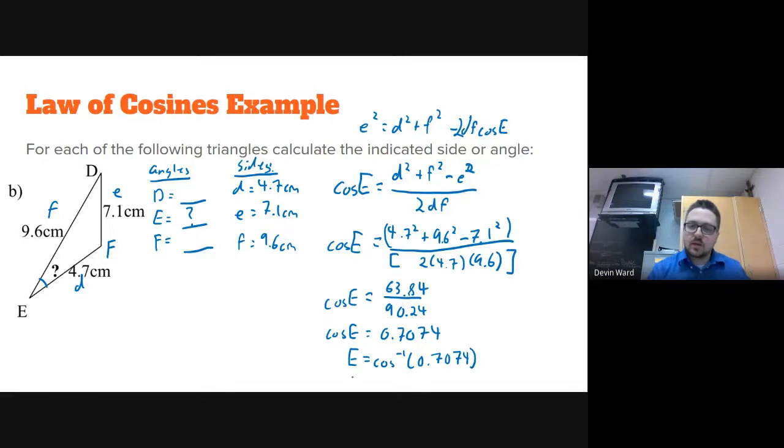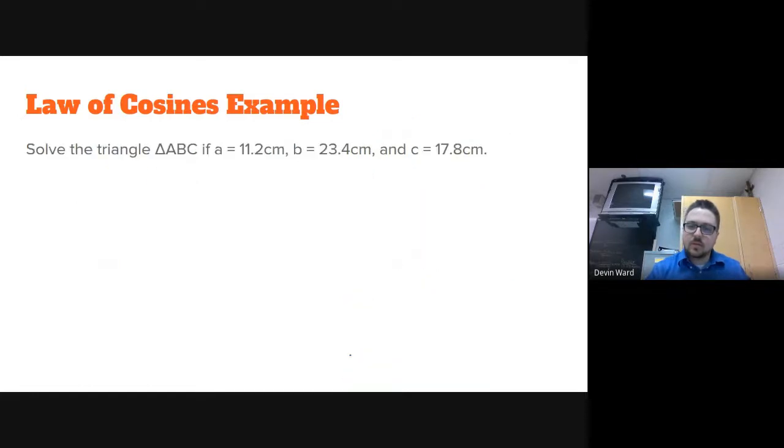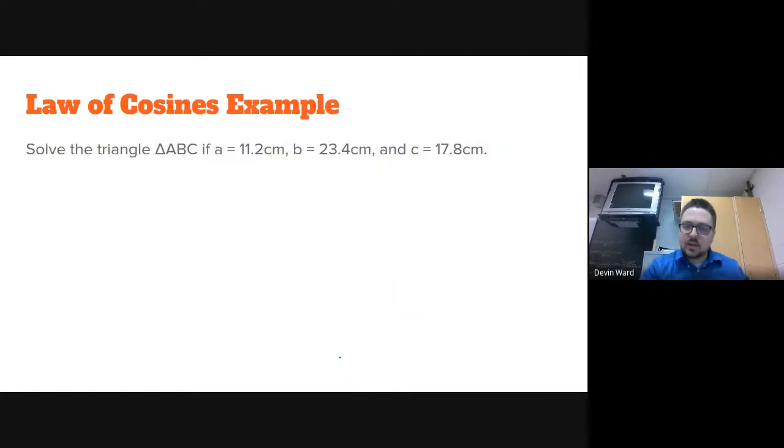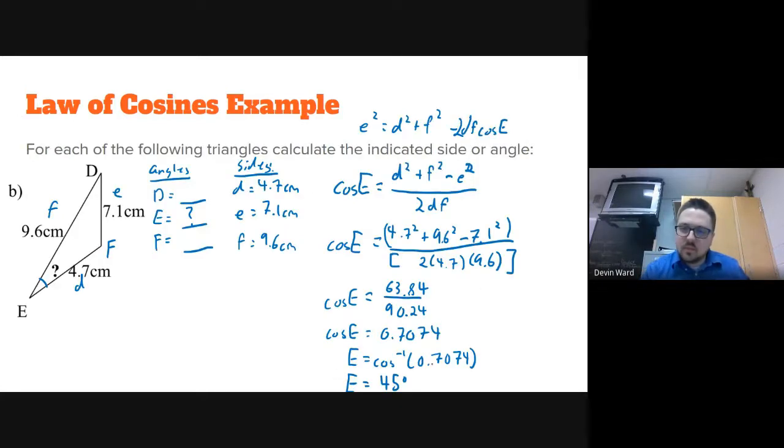So E to the nearest degree is 45 degrees. Why did that happen? Stop doing that. Okay, so E will be 45 degrees.